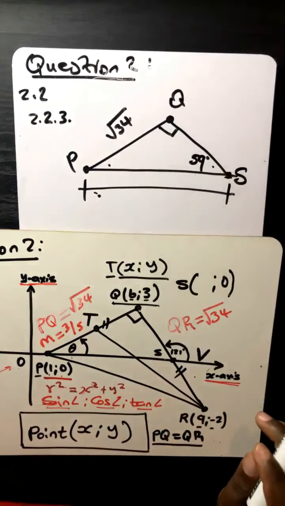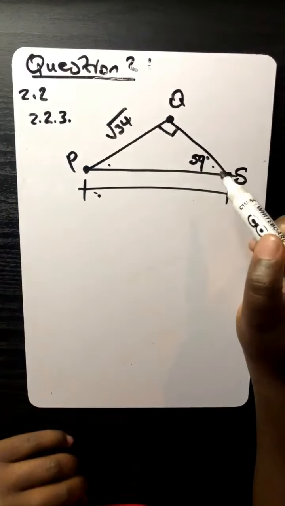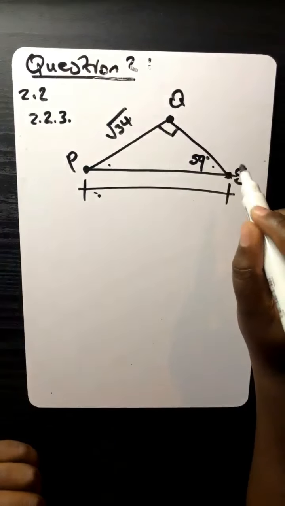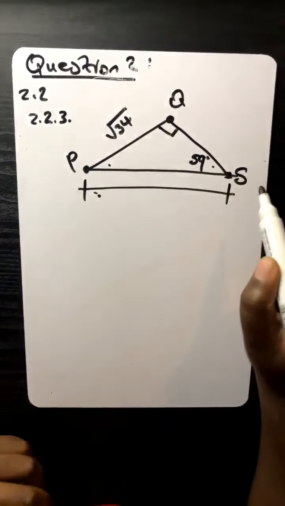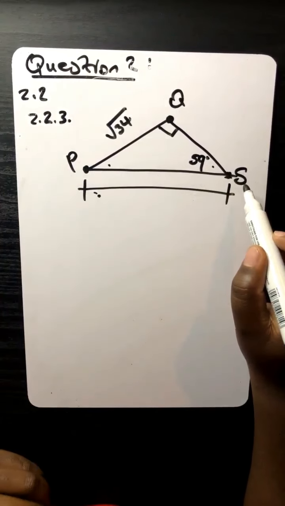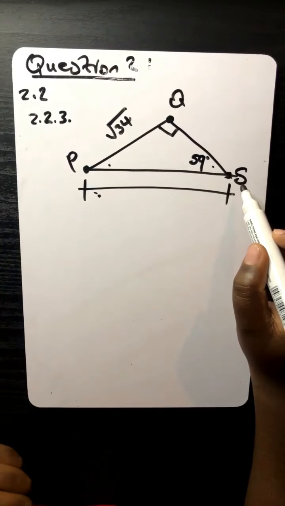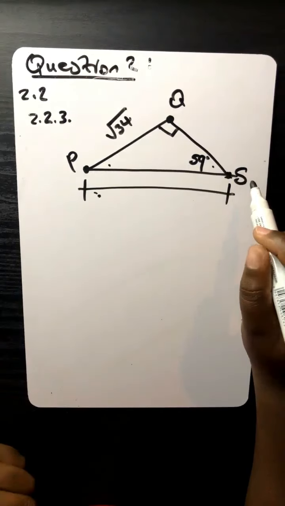So what I'm saying, guys, is can we not use those trig ratios to find that length? So what trig ratio can be used to find that length? Is it not sine?